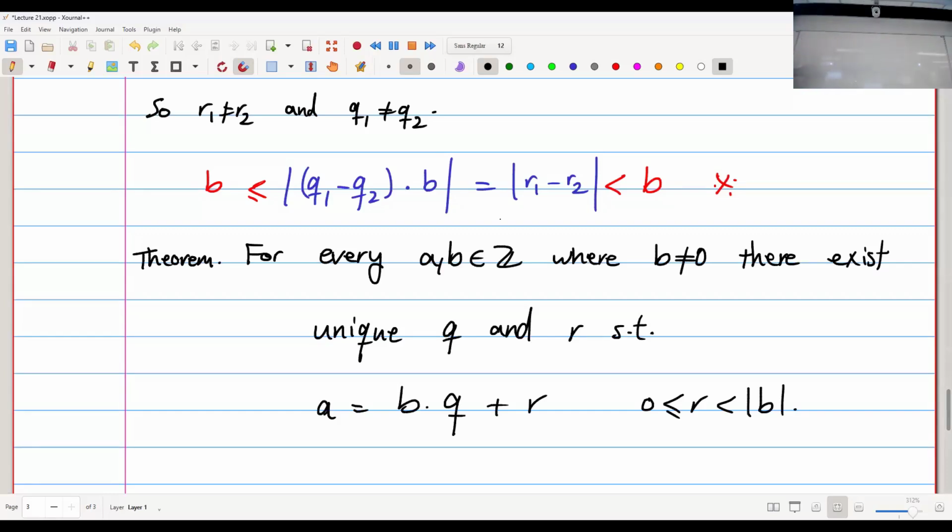So that's the only thing I have to do when I'm dividing by a negative number. I have to say that the remainder is between 0 and the absolute value of this. And everything else goes through, the proof is exactly the same.